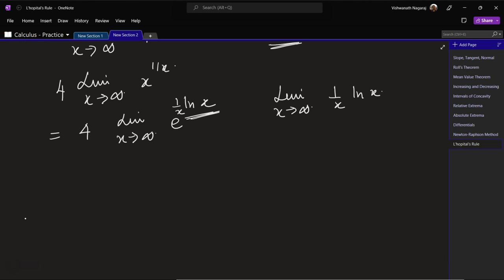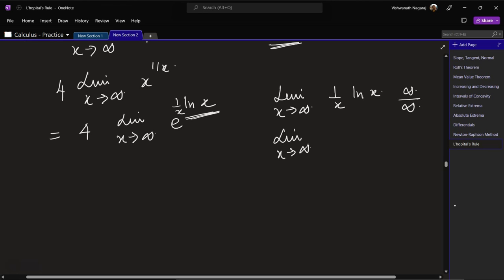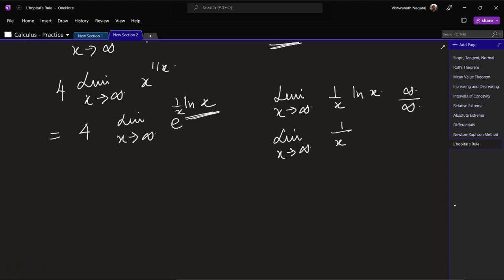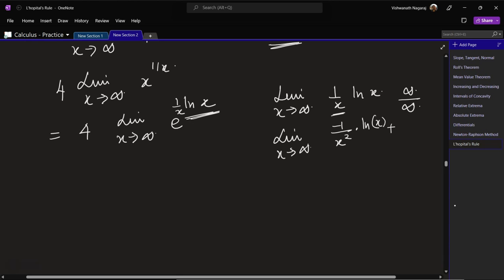Natural log x goes to infinity, and this also goes to infinity. So which means we have infinity by infinity. So let's differentiate. Let's apply L'Hopital's rule. Natural log of x is 1 by x. No, let's say minus 1 by x. Let's differentiate this first, and natural log of x remains as it is. Plus, now 1 by x remains as it is, and we differentiate natural log of x.